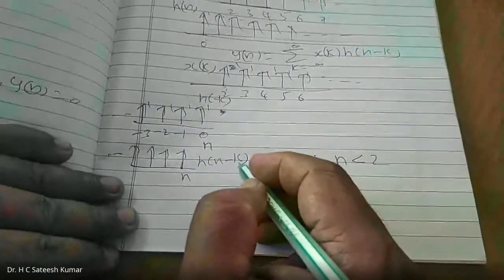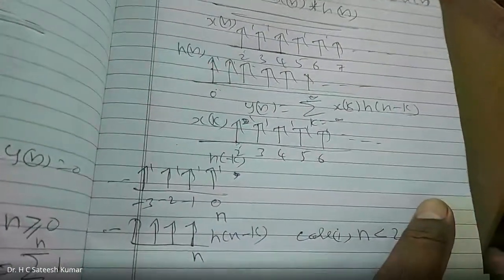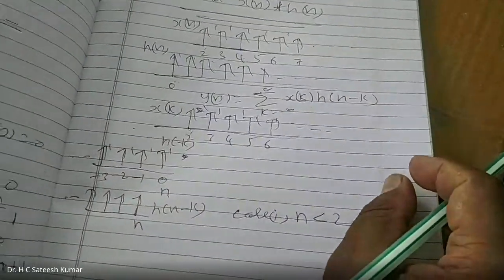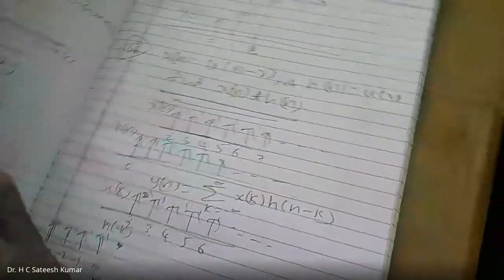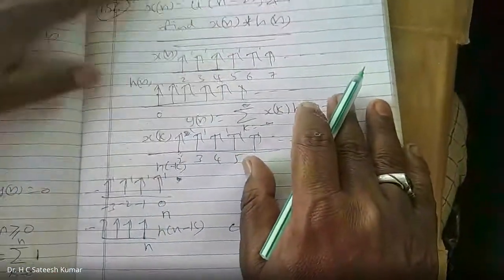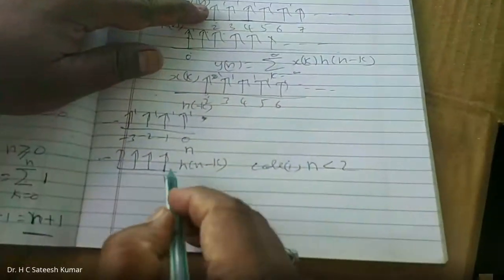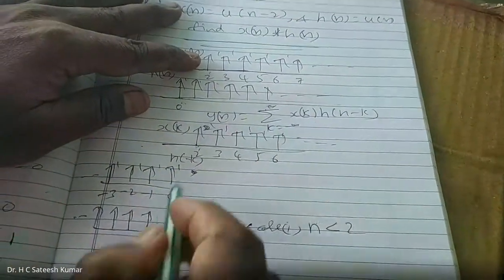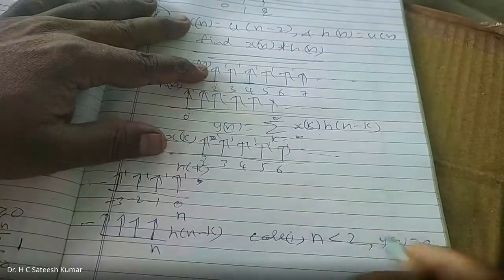Carefully remember that one. If you write equal, the answer will not be 0, because one edge element will be overlapped. So whenever the output y of n is 0, don't write equal; it is less than or greater than, whatever it may be. As long as n is before 2, there is no overlapping. Therefore, y of n is equal to 0. Next.